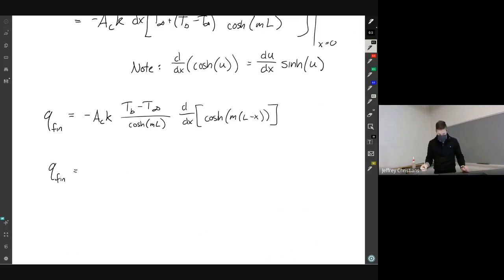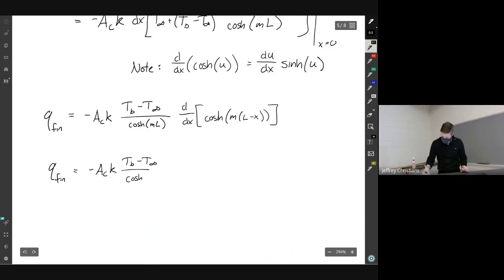Okay, minus k or minus AC, k. Then the derivative of the inside stuff would be a negative m, and then it would flip from cosh to sinh.